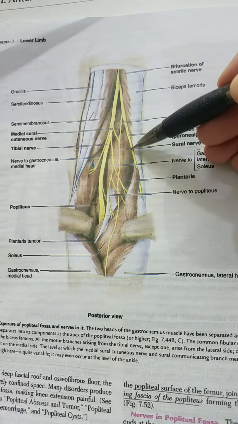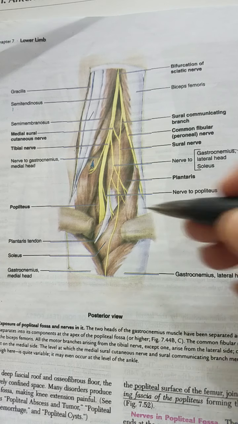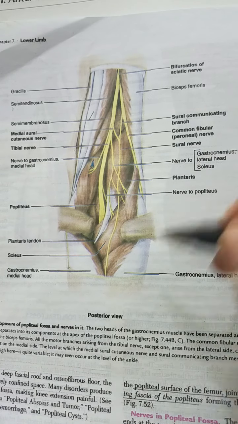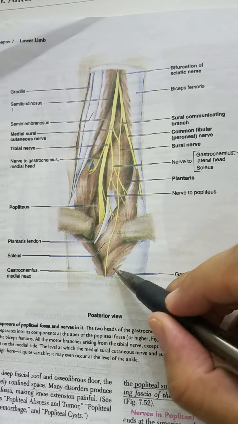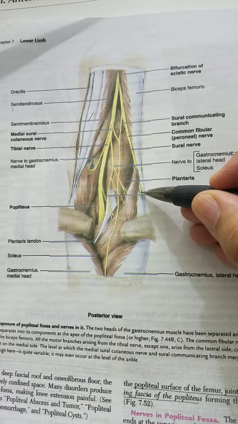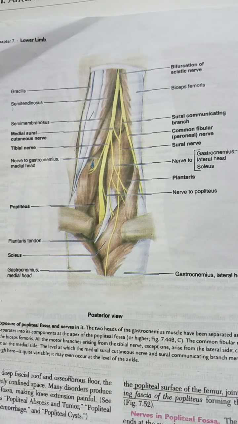So this is where it's going to be, and it leaves the fossa by passing superficial to the lateral head of the gastrocnemius muscle. So here we will have the lateral head of the gastrocnemius, and here you can see this is the common peroneal nerve, and it's going to pass superficial to the lateral head of the gastrocnemius muscle.